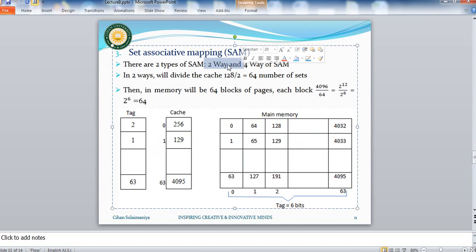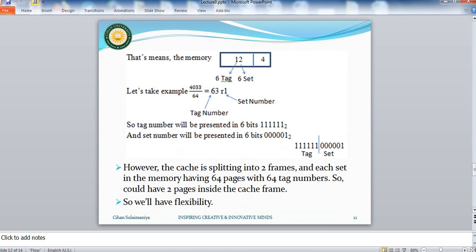Two-way means you could open two files at one time. Four-way means you could open four files at one time. The explanation of set associative mapping is also explained in a video by the same Indian professor. I liked his explanation. His explanation is perfect and very understandable. I wish all of you would listen to his video.